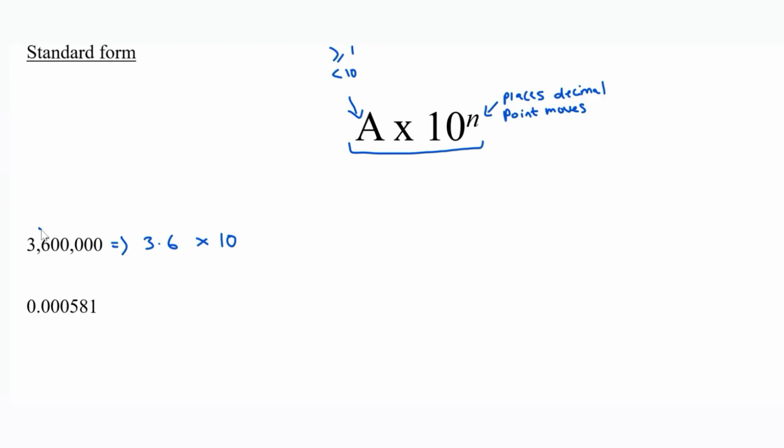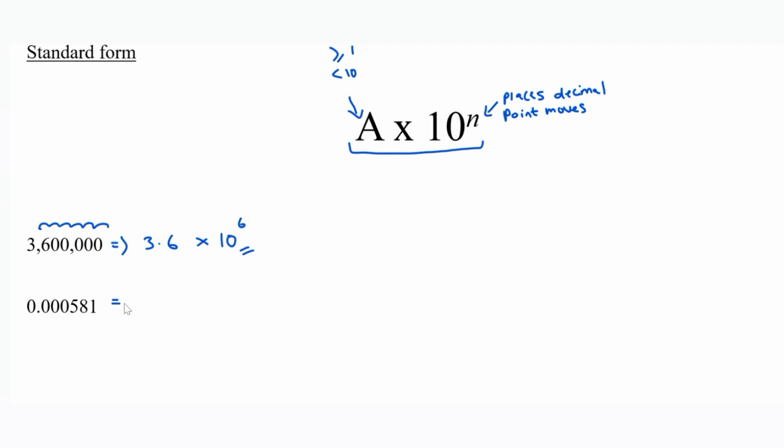So if our decimal point is here, we're going to need to move it 1, 2, 3, 4, 5, 6 places to the right for us to get 3,600,000. So now we have written this number in standard form.